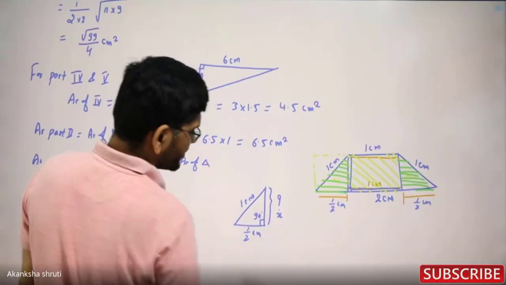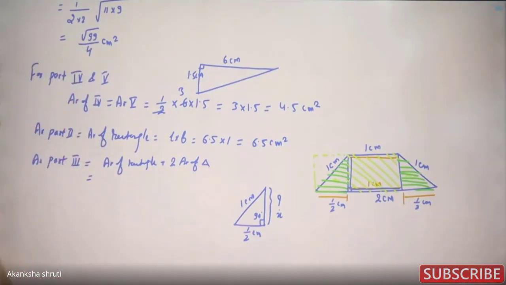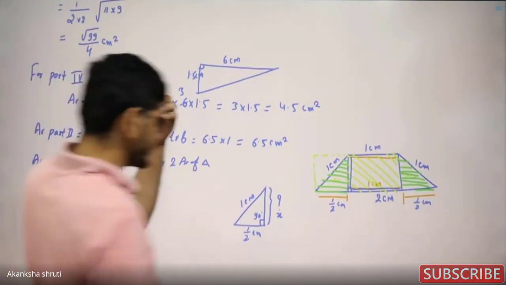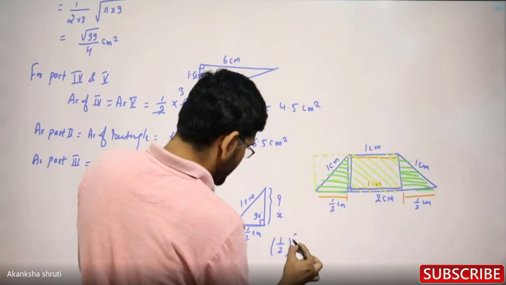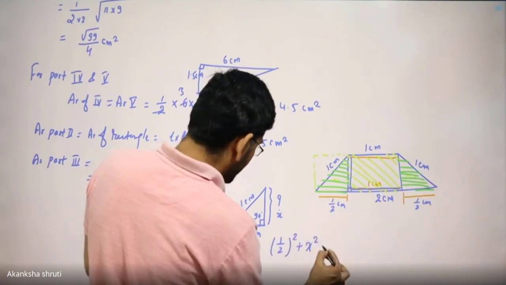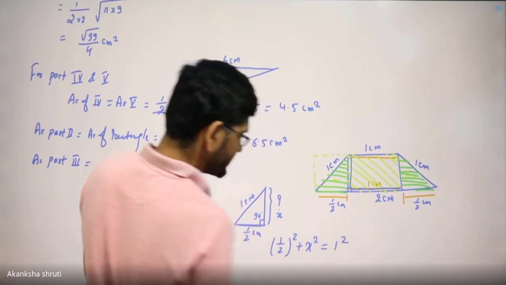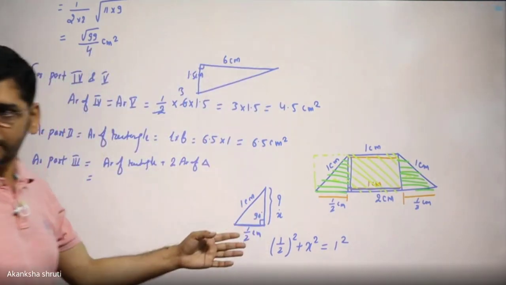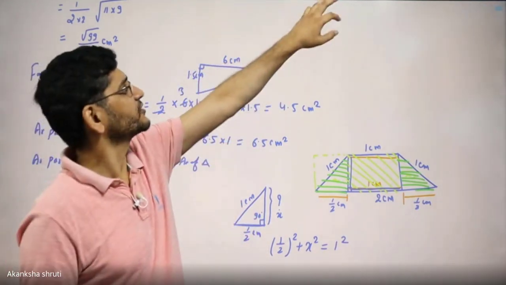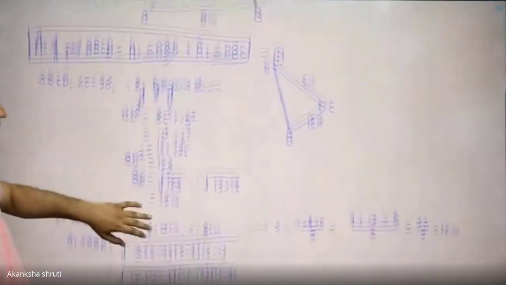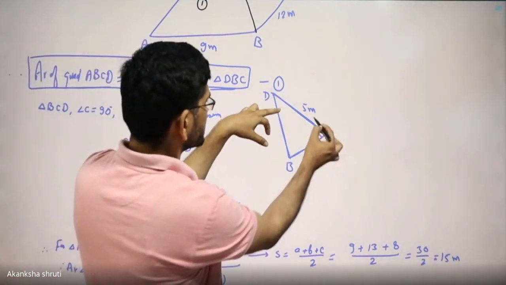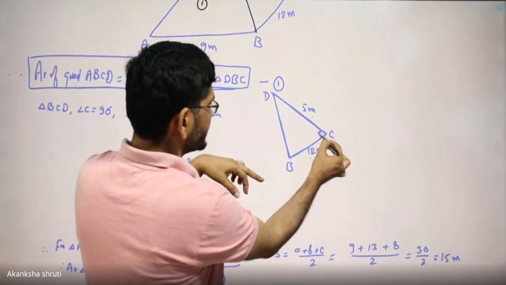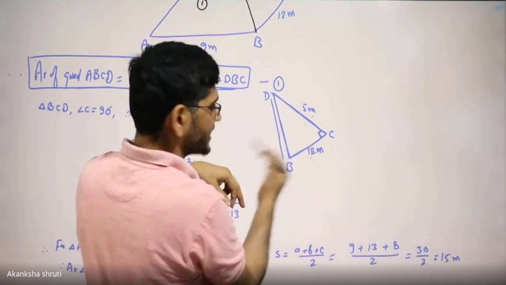90 degree. So using Pythagoras theorem, we can calculate this x. Okay. So student, first we need to calculate this x. How? This is our 1/2 square plus x square will be equals to this 1 square. Isn't it? Pythagoras theorem just we had used. अभी हमने इससे पहले वाले क्वेश्चन में किया ना बच्चे लोग. अरे अभी ये किया ना भाई, यही है ना, where the two sides including 90 degree was given, this hypotenuse we had calculated.